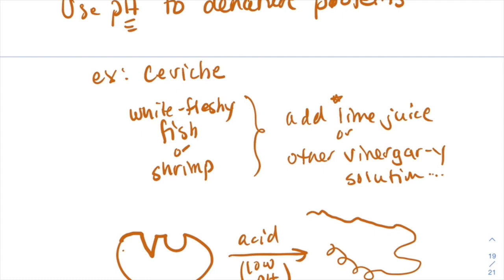I'm not sure where you are in lab right now with your virtual labs, because I don't teach Bio101 labs this semester, but you are probably doing an enzyme lab where you do a little simulation of how well an enzyme works at different pHs. Most of them don't work at a very low pH or a very high pH. So messing with the pH of a cell will denature enzymes.